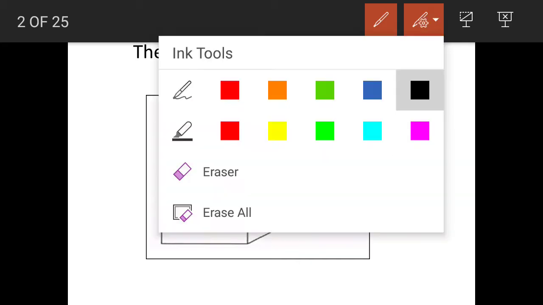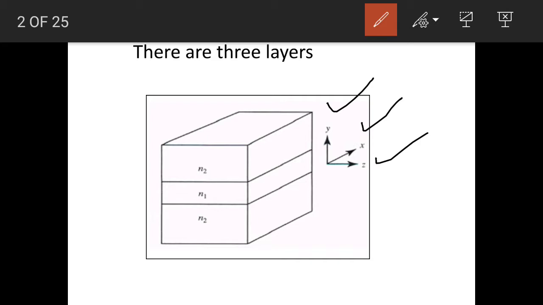So the light ray travels in the central layer of the slab waveguide, and we will consider the interface between the top layer and the central layer, and the interface between the bottom layer and the central layer. The y coordinate is normal to the interface between the top layer and the central layer.